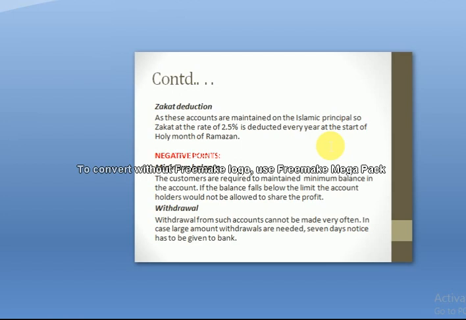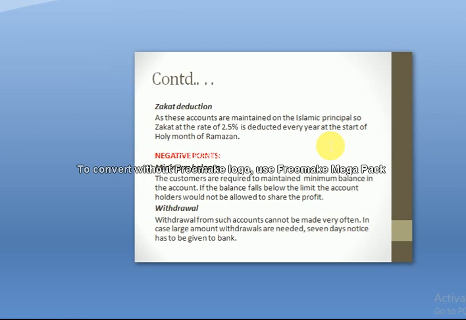Withdrawals from such accounts cannot be made very often. In case a large withdrawal is needed, a 7 days' prior notice has to be given to the bank. Unlike the current account, where any time we can withdraw money from our account, in this case we can't.